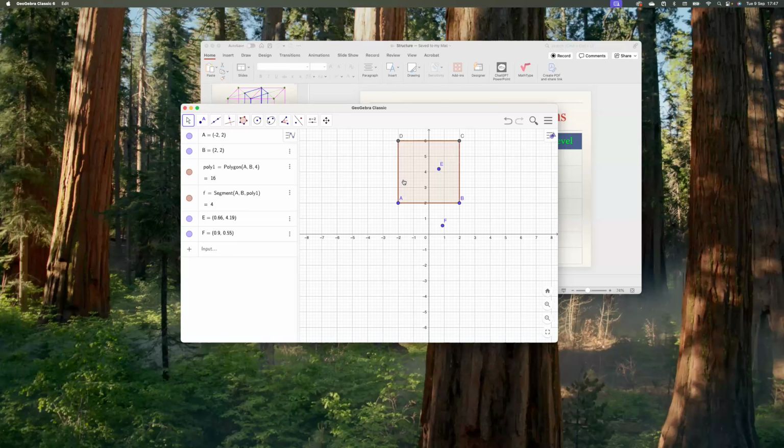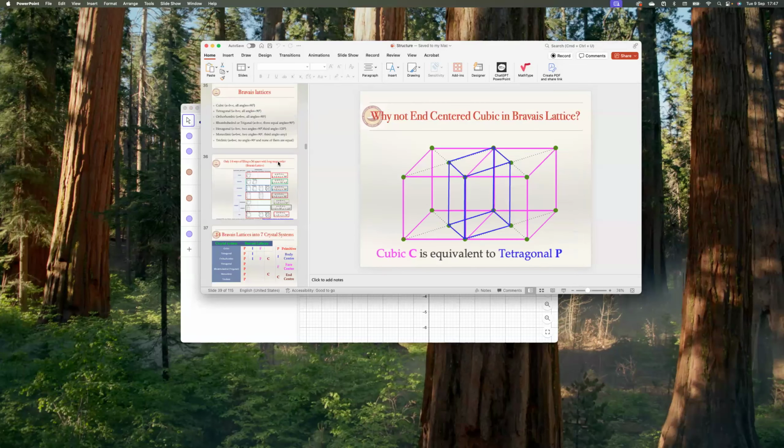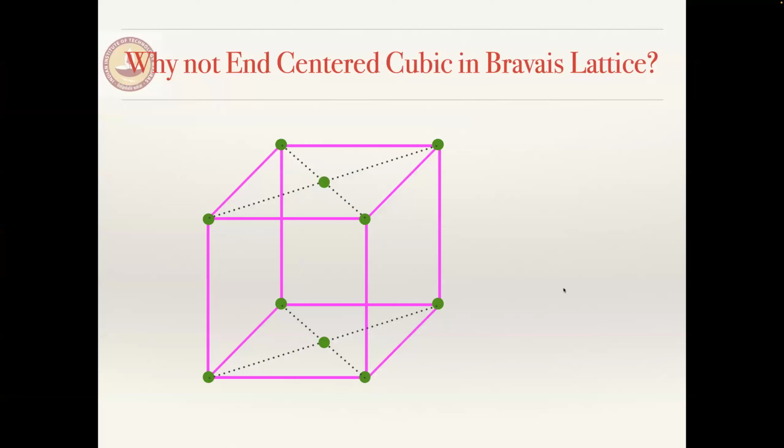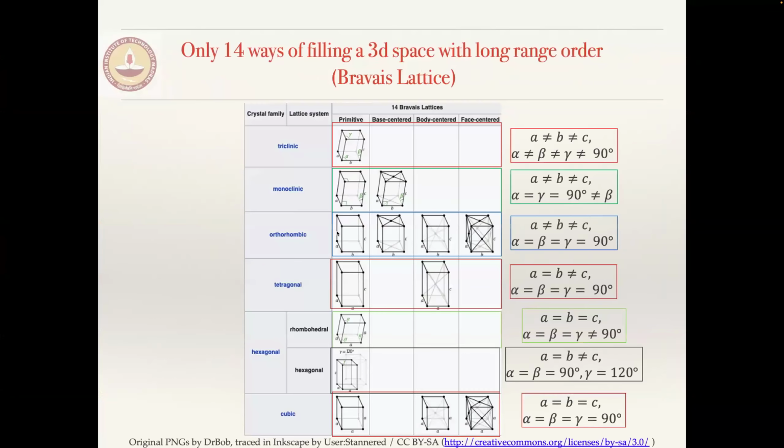Now, if you think about a cube, you can rotate about this axis, and you can also rotate about this axis, and you can rotate about that axis.